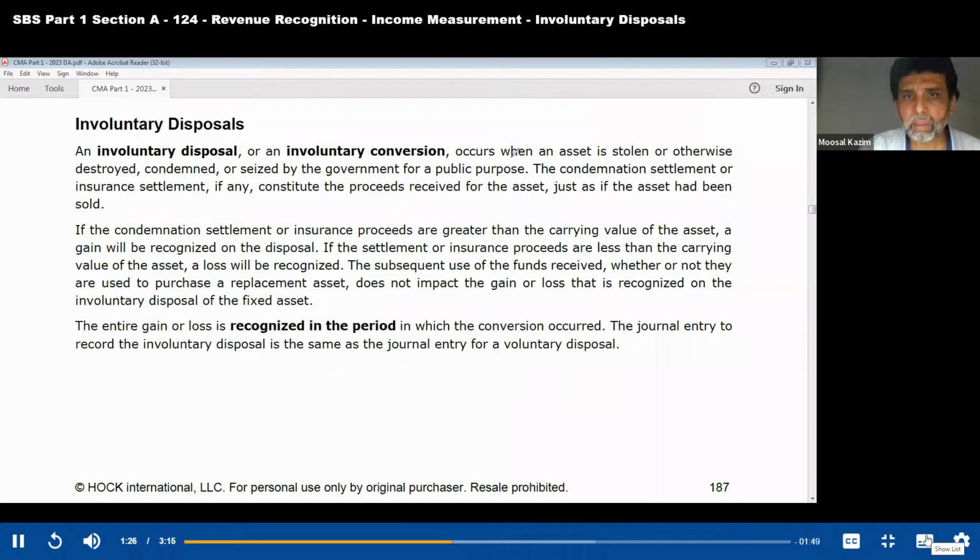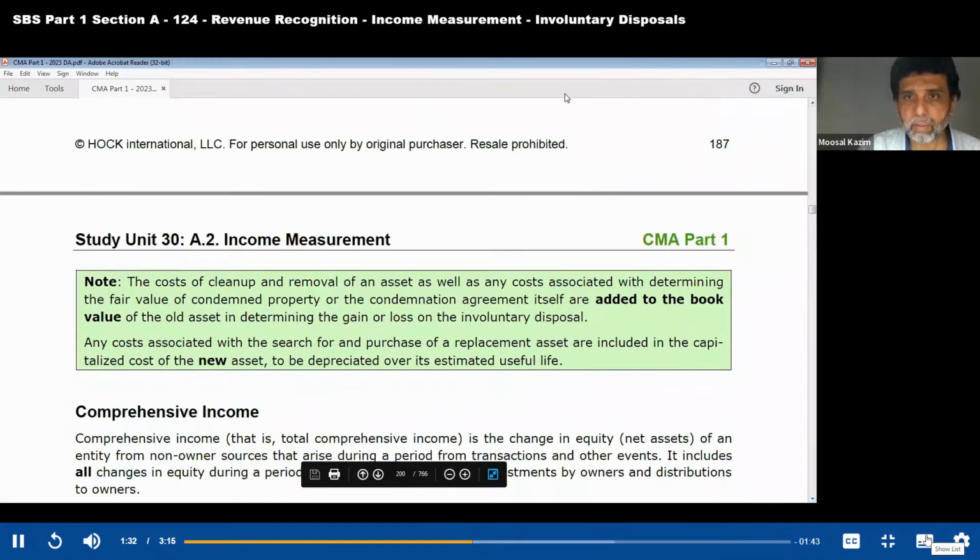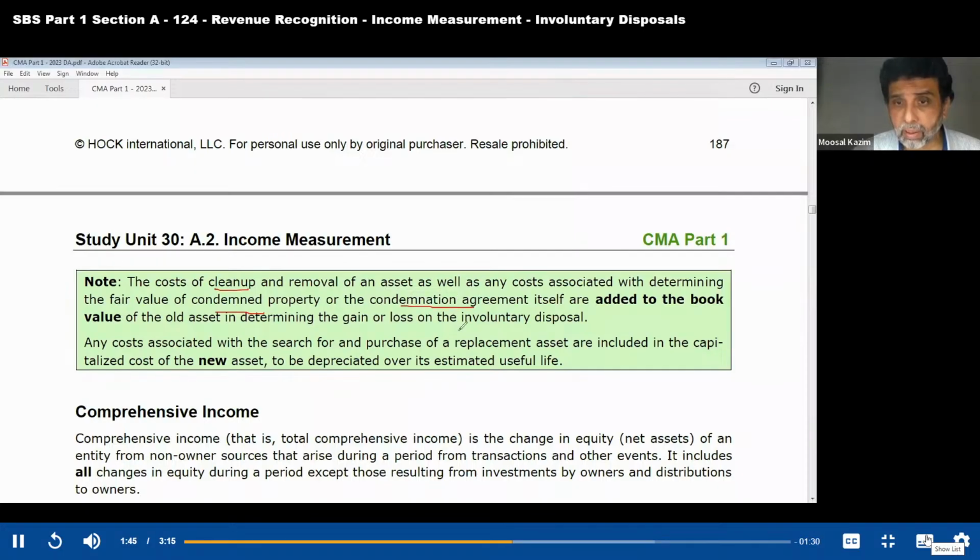But there's an important note here which needs to be looked into. Supposing there's a cleanup or any cost associated with determining the fair value of the property or the condemnation agreement itself, any additional cost related to this asset should be added to the book value, not expensed separately.